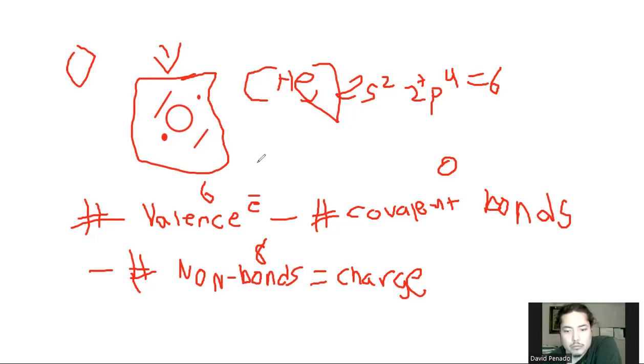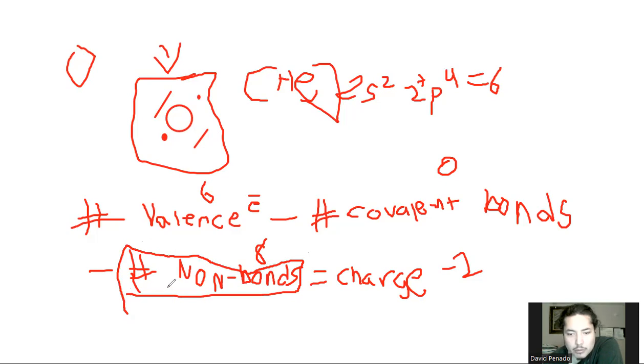So 6 minus 0 minus 8, the charge is -2. I'm only using this one because non-bonds is meant for compound elements.